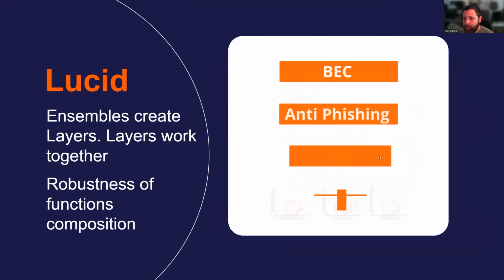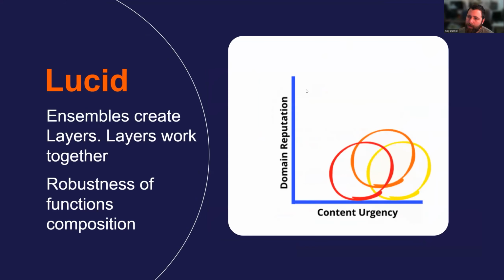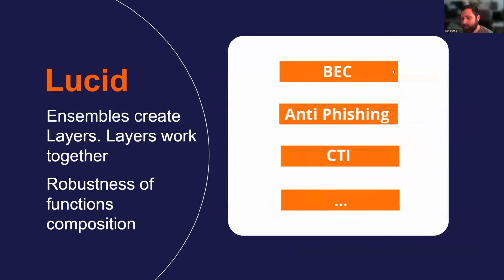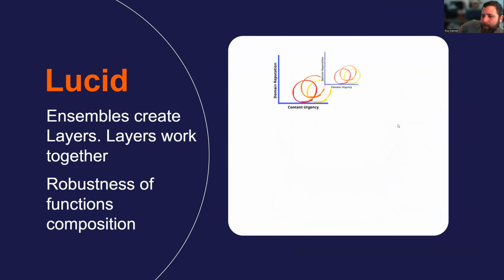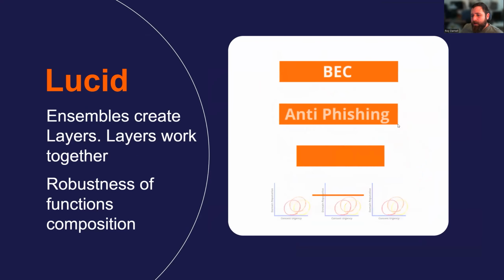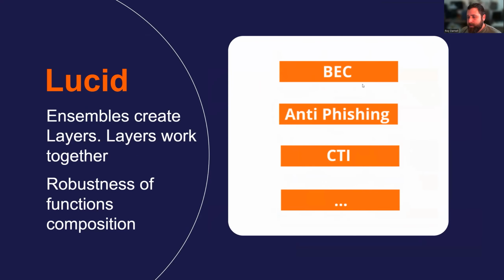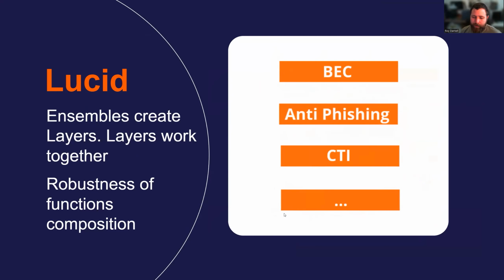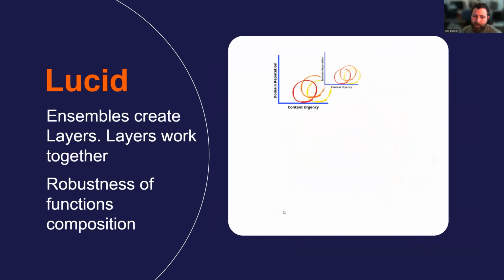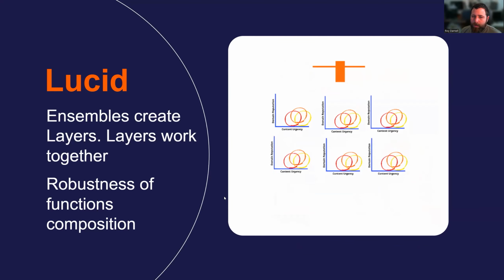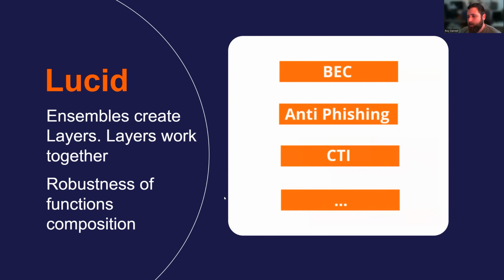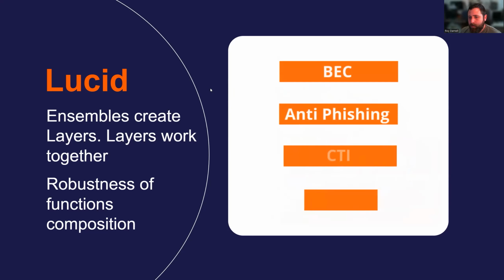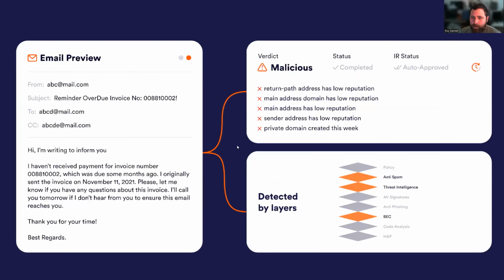You can think about it also as layers, maybe, where every layer or every model or every combination of models is being calculated, makes a decision, and then, for example, maybe they average, or maybe there is something smart that makes the decision, and every different model helps you make a decision on some aspect. So the more different layers you have, which are independent of each other, the harder it is to penetrate your system. And Lucid is an example of such a framework.